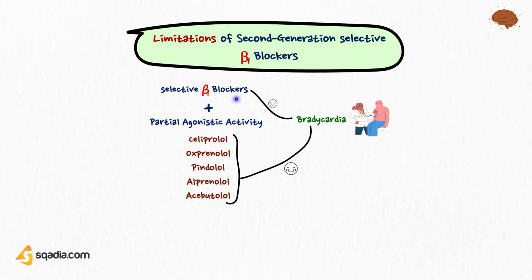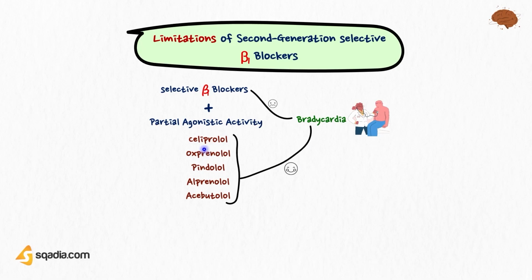There are some selective beta-1 drugs that do not cause bradycardia because they have some partial agonistic activity on the beta-1 receptor. I repeat, selective beta-1 blockers can cause bradycardia, but some have partial agonistic activity and don't cause bradycardia.